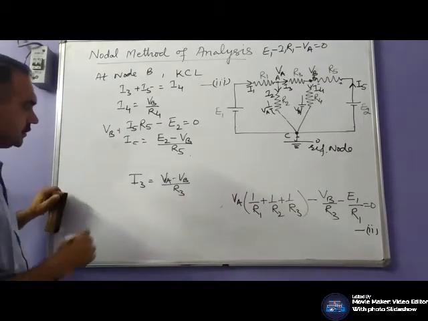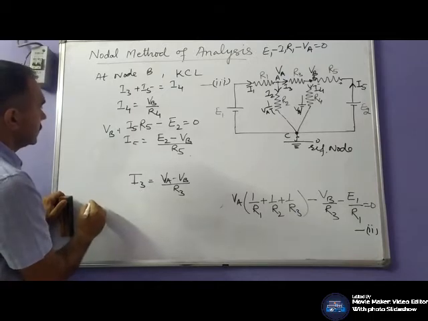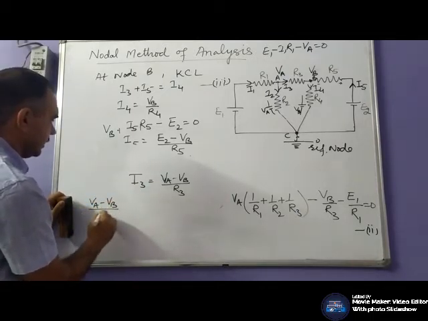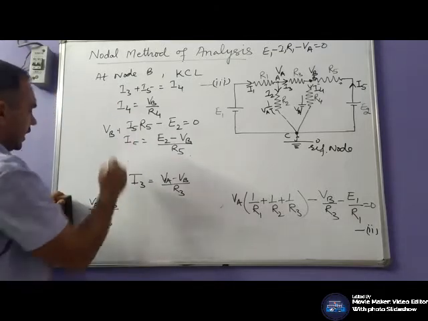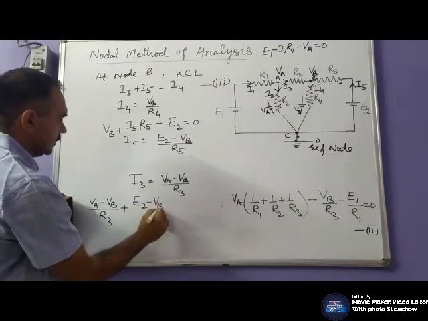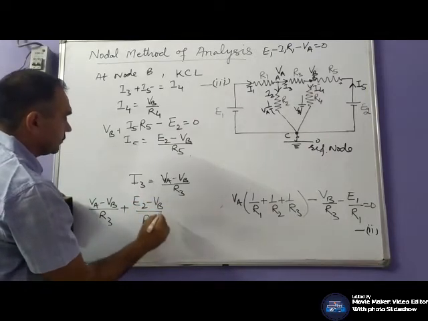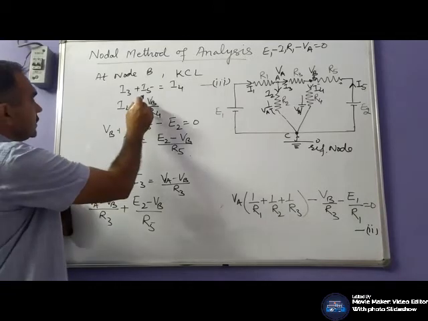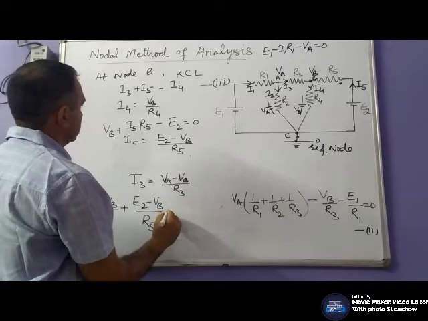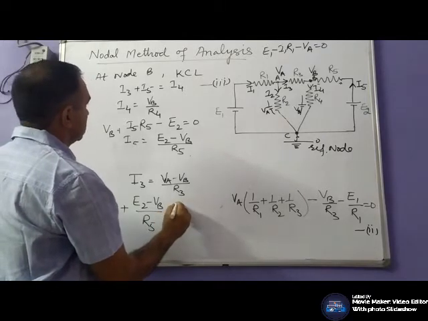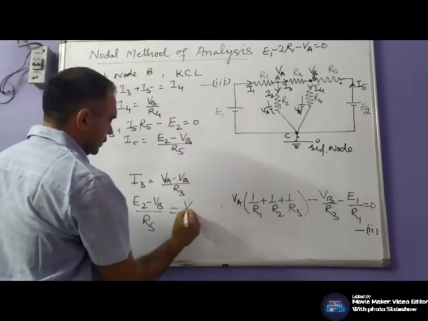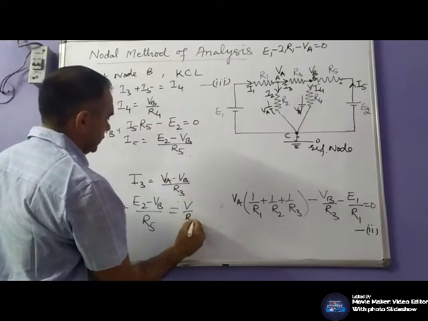I5 is E2 minus VB by R5. Next is I4, which is equal to VB by R4.